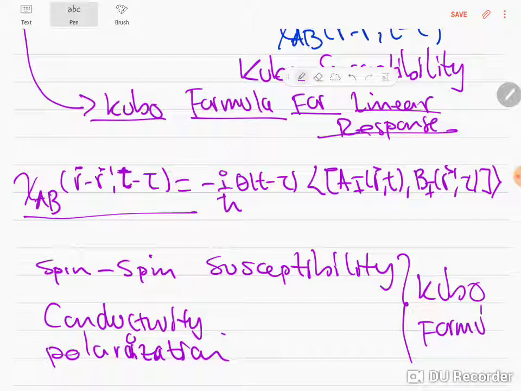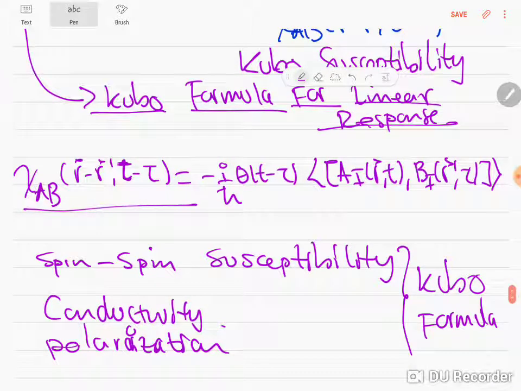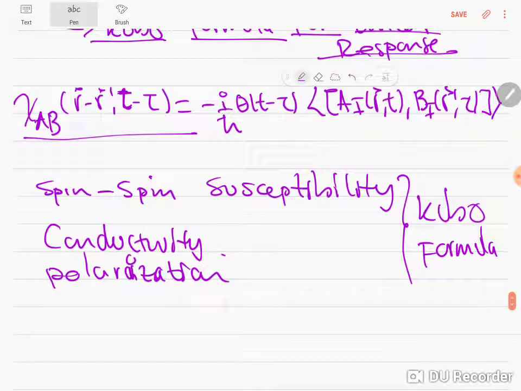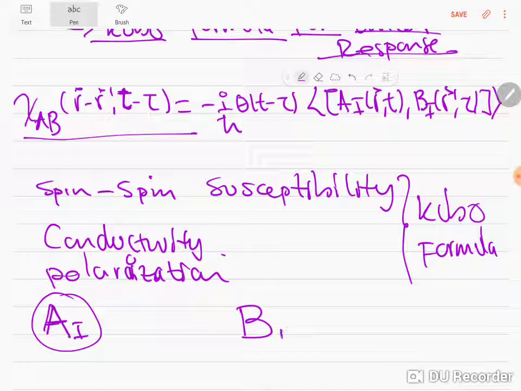And the thing that you should keep in mind when you do all of these things is that the response, that means the response associated with operator A_I, will increase linearly with the excitation associated with operator B_I. That's why it's called linear response.